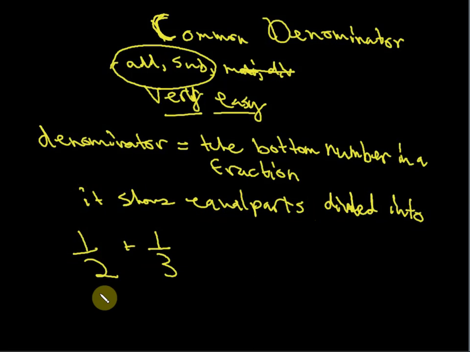Well, we don't know what to do with this, so what do we do? Well, using a common denominator, we're trying to find out how we could add this. So what is equivalent to 1/2 and equivalent to 1/3, to where I can simply add these two?